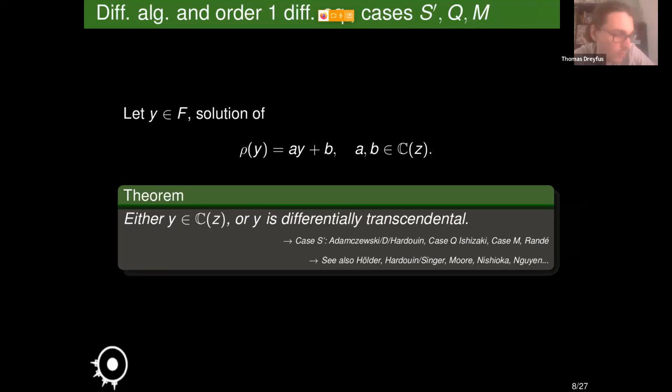Okay, so now let's move on to the differential algebraic case and affine order 1 equations. Still consider y, a solution of rho y equals ay plus b. Then either y belongs to the ground field or y is differential transcendental.